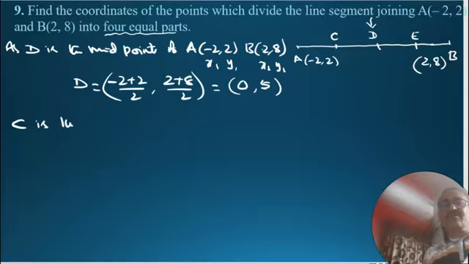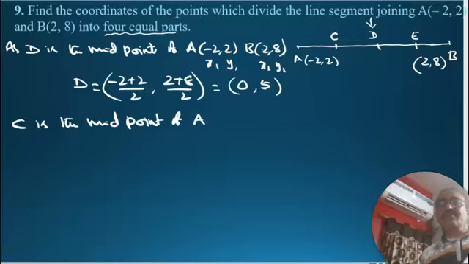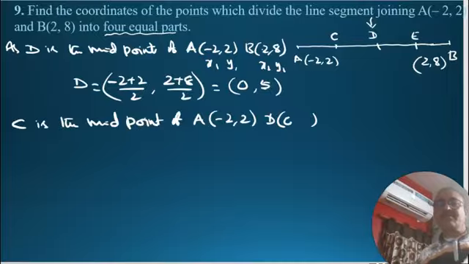Similarly, see, C is the midpoint of A(-2, 2) and D(0, 5). This is x1 y1, x2 y2.